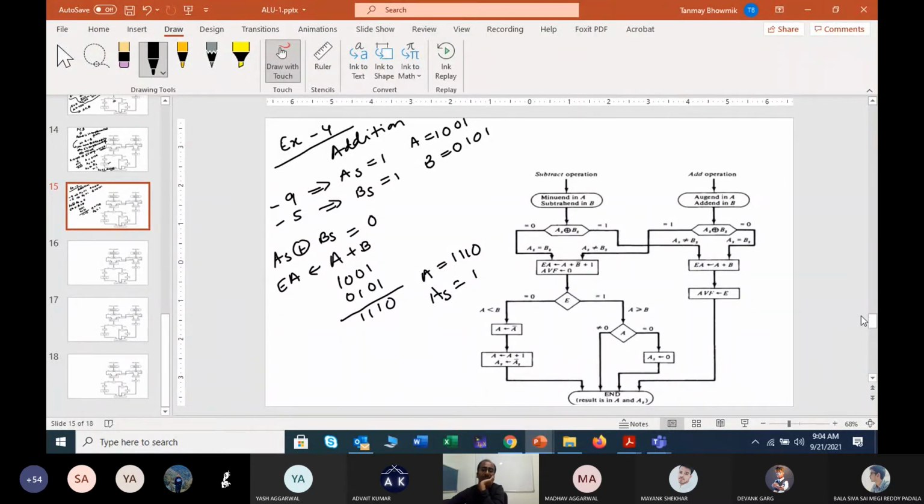Right? So what should be our result? You can see EA equals A plus B. So that means I am storing this whole result into EA. So your E content will be 0 and A content will be 1110. You are moving this E into AVF. So your AVF will also be 0.